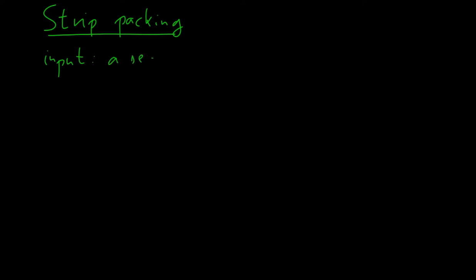Greetings. So this time we will learn about an extension of the bin packing problem, which is called the strip packing problem. In strip packing, we have an input, a sequence of rectangles.